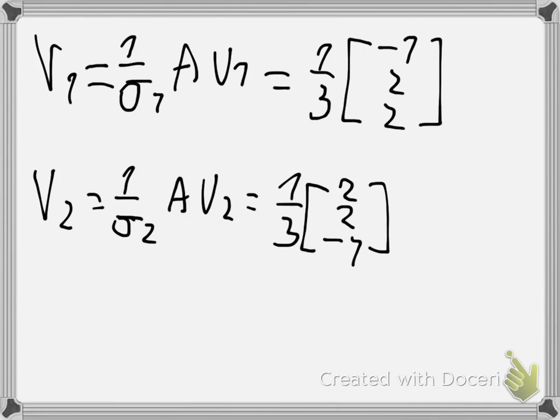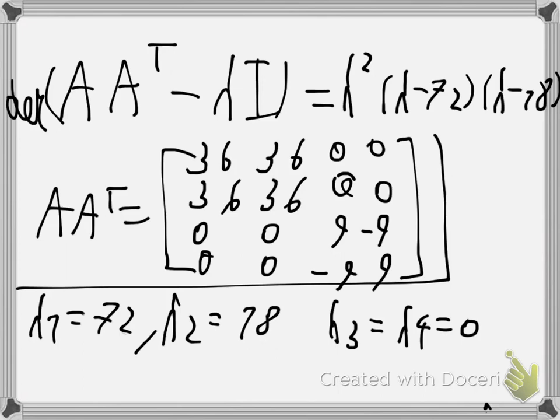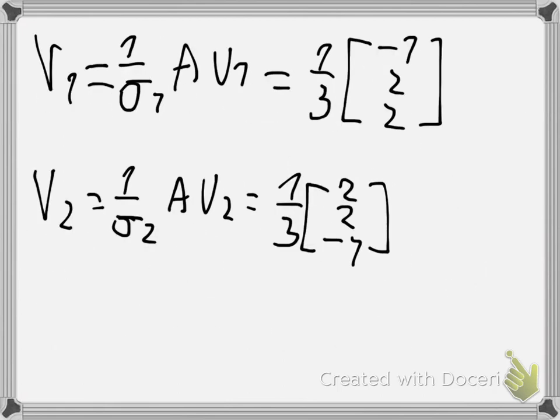And now we have only two singular values, which are the square root of 72 and the square root of 18. The two others are 0, and we can't divide by 0, so we can't use that formula for the third vector.